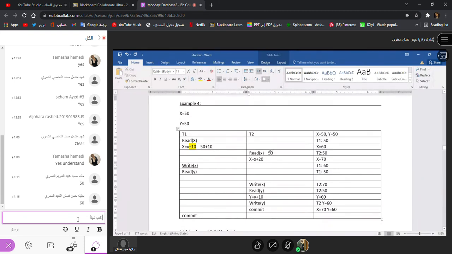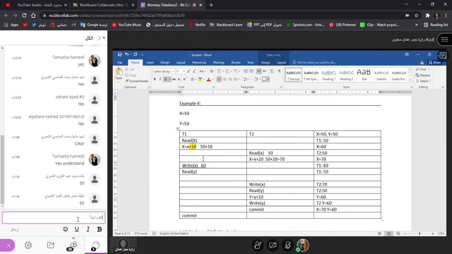And 50 plus 20 is 70, write 70. And look, now x becomes 70, and this is going to again write 60, because T1 is working separately in isolation.